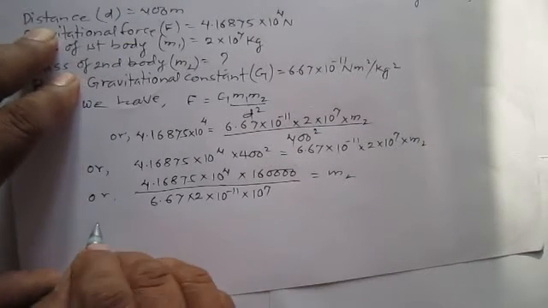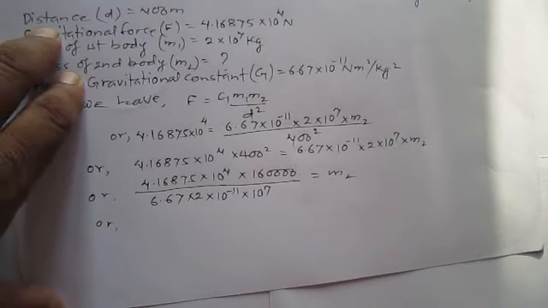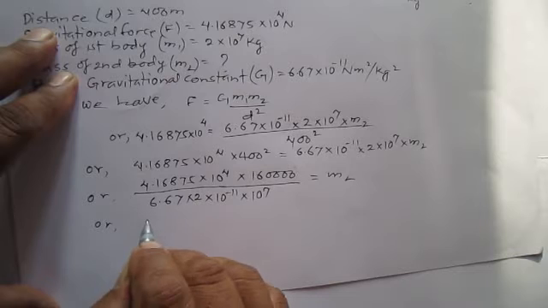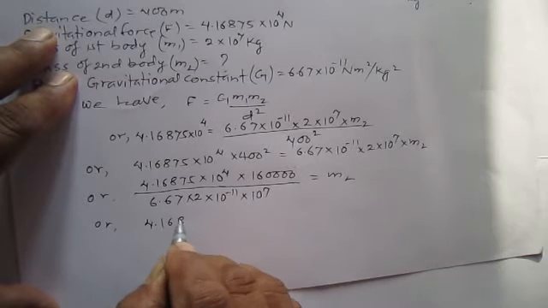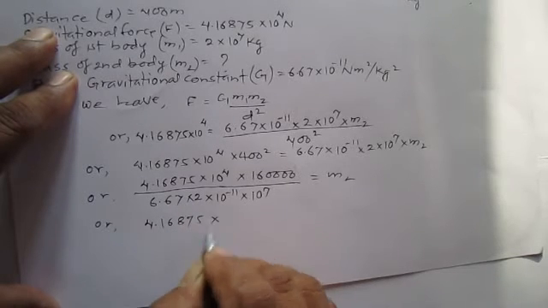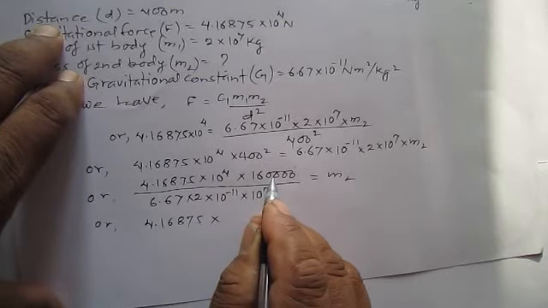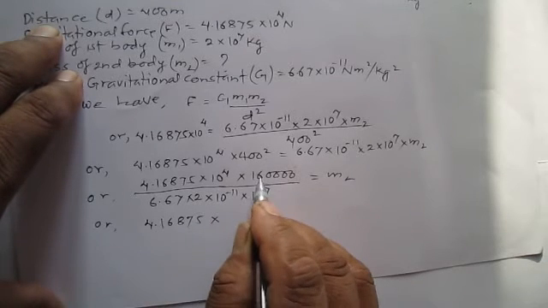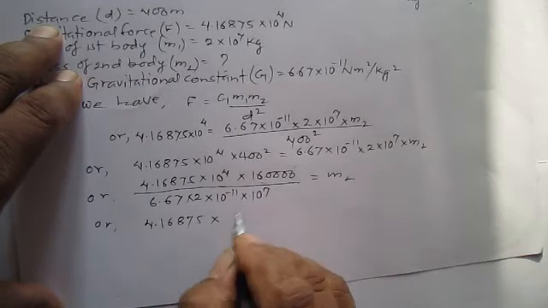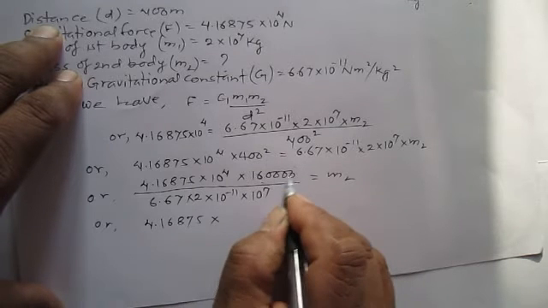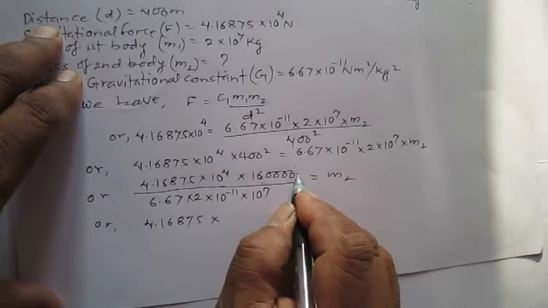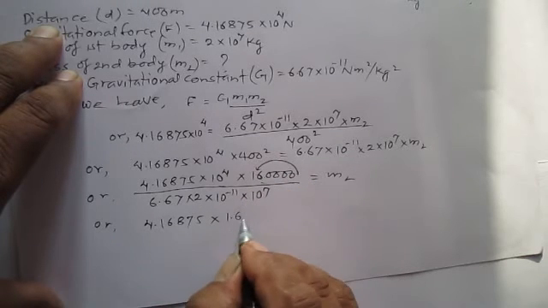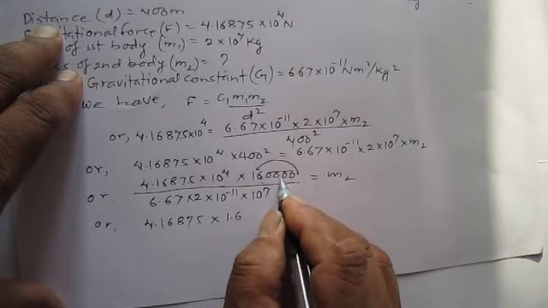Look at this. This is equal to 4.16875 into, now this is a very big number, that's why I want to convert this into a small number. If the point is not here, then we can say that the point is at this position, we can shift it to this position. That's why 1.6, how many digits shifted? 1 2 3 4 5.